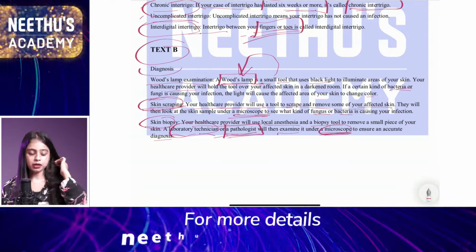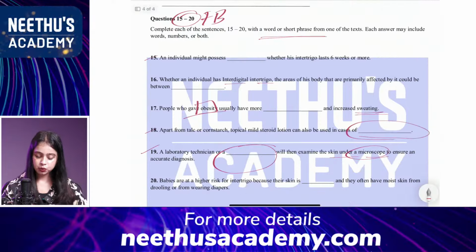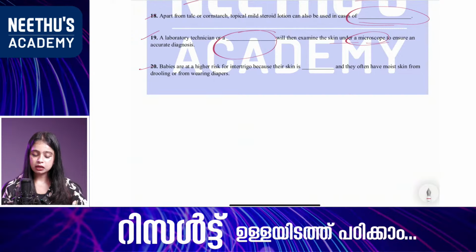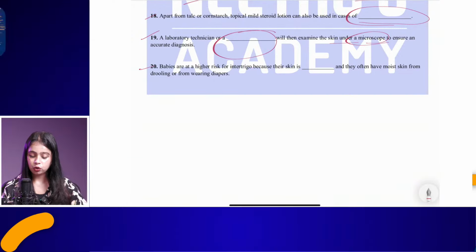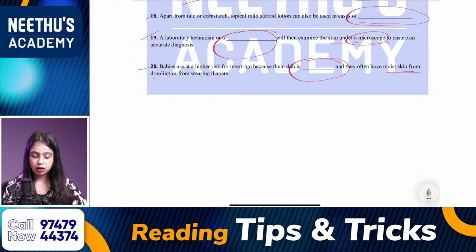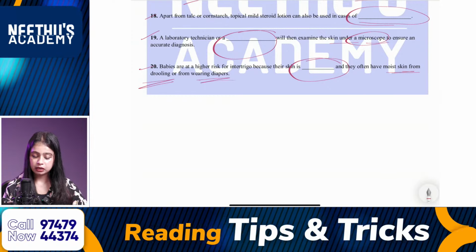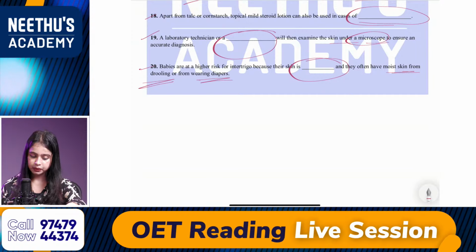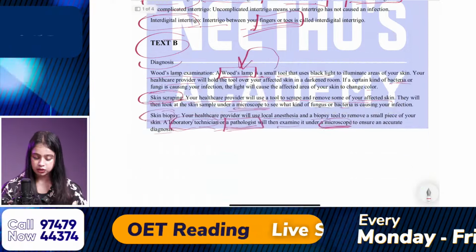Clear? And what about question number 20? Babies are at high risk for intertrigo because their skin is dash and they often have moist skin from drooling or from wearing diapers. That's from text D, one of the complications regarding your age.